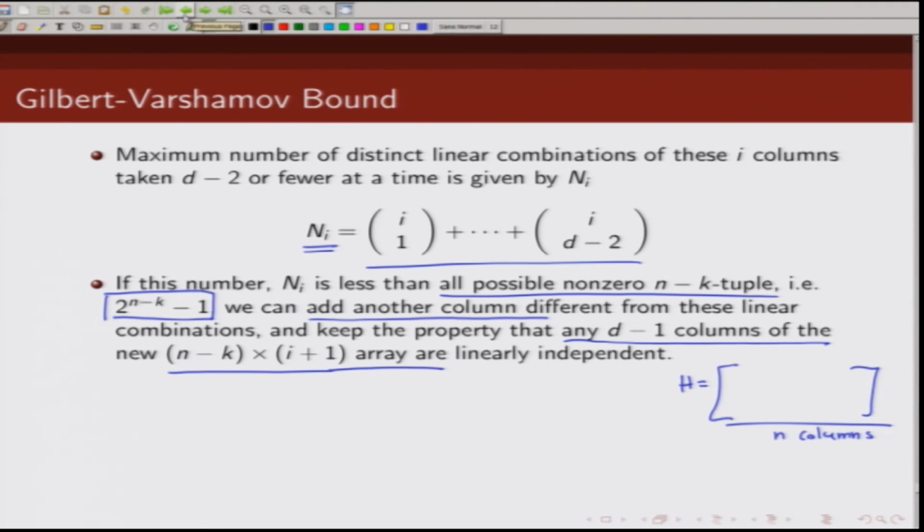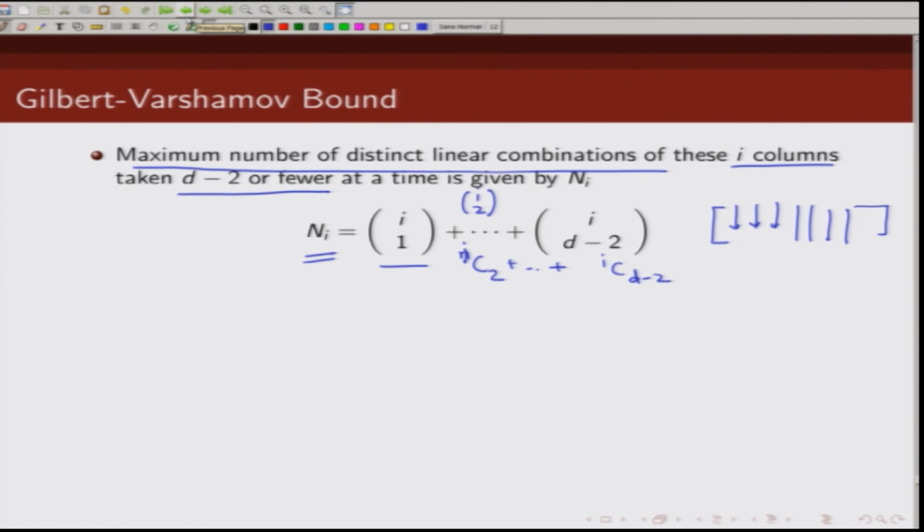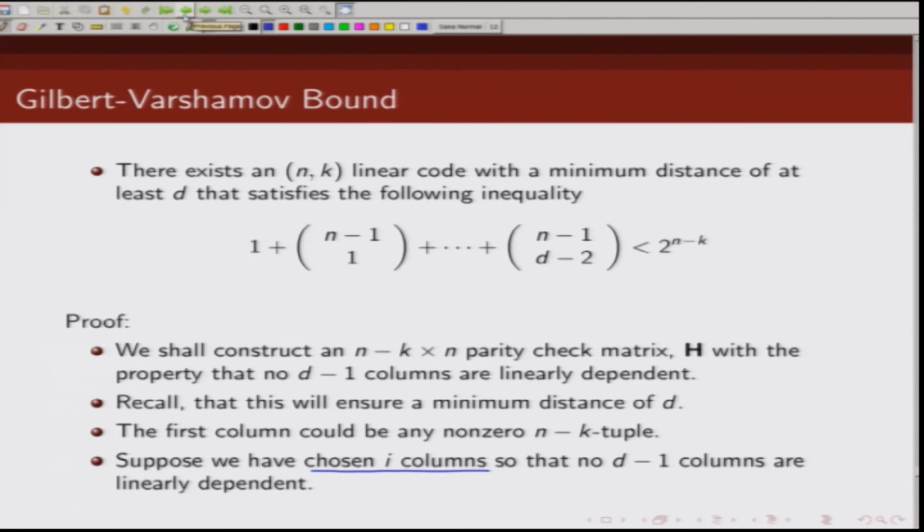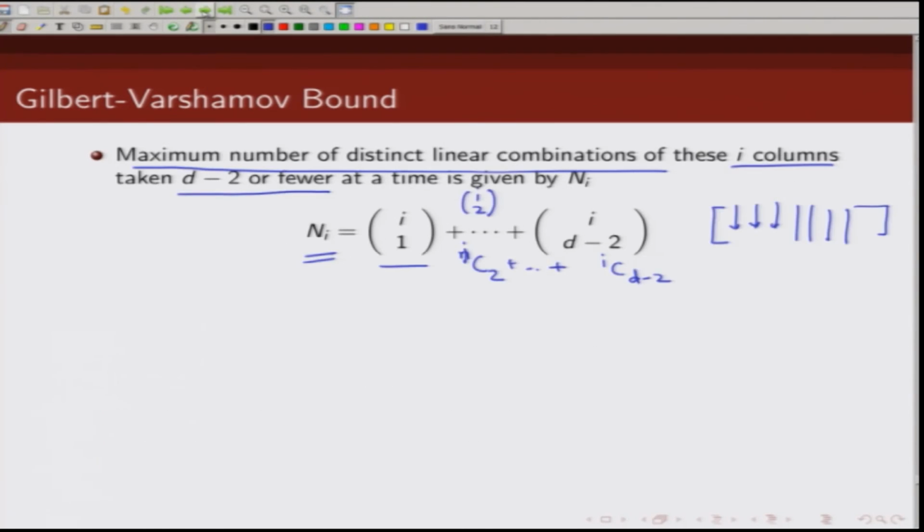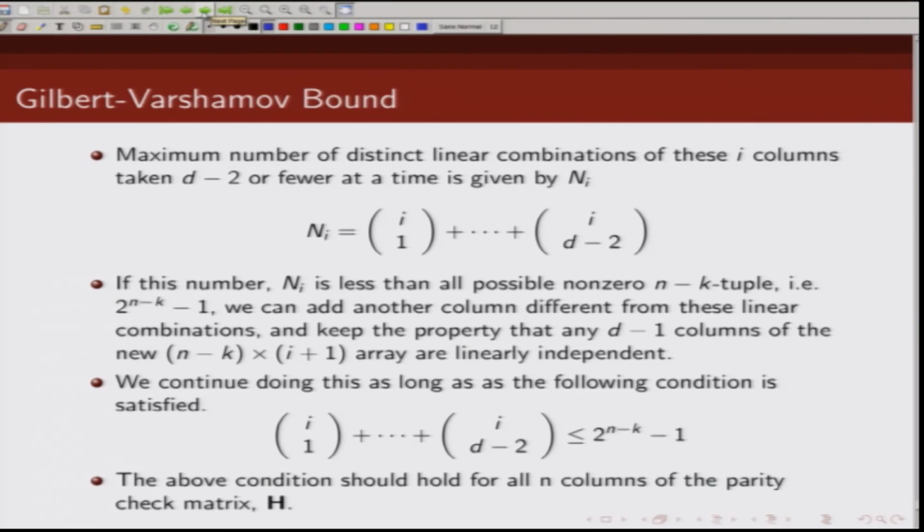So, if you go back here, if I put I equal to n minus 1, this should hold for I equal to 1, 2, 3, 4 up to n minus 1. If this condition holds for n minus 1, then I can add another column which will be the nth column, and still I would not have d minus 1 columns of this parity check matrix adding up to 0.